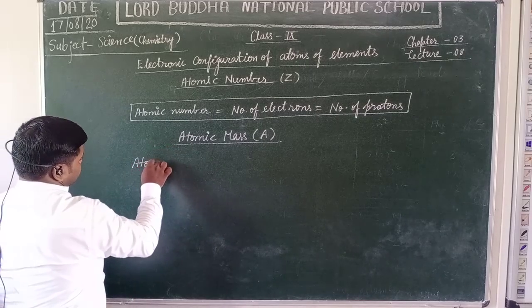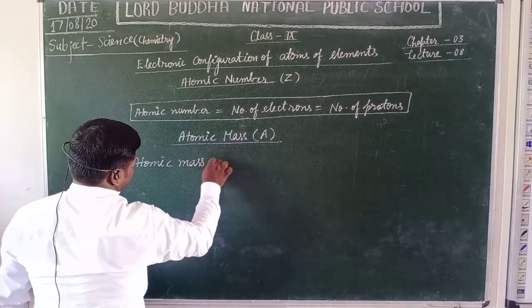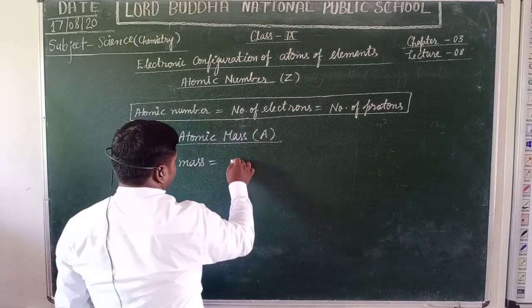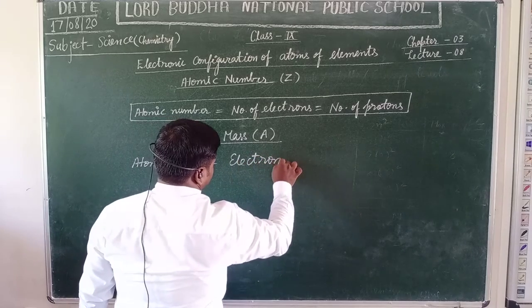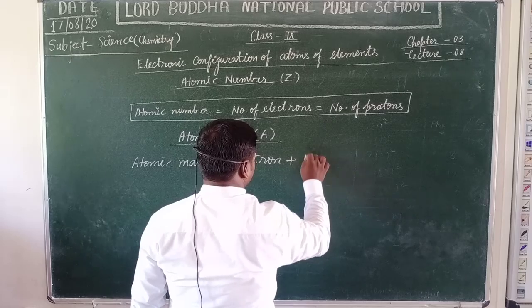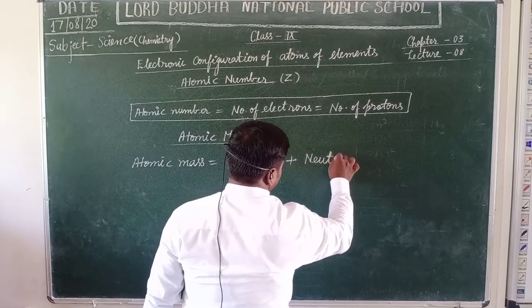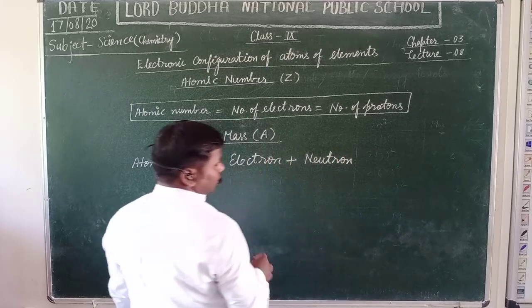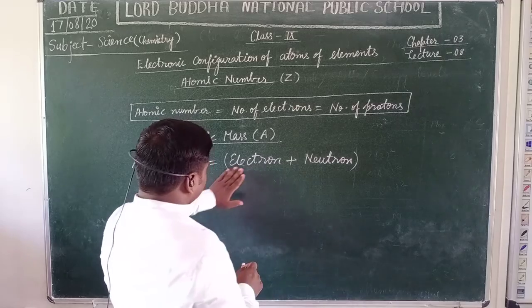It may be defined as the total number of electrons or protons plus the number of neutrons present in an atom.